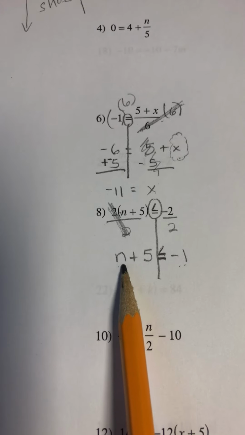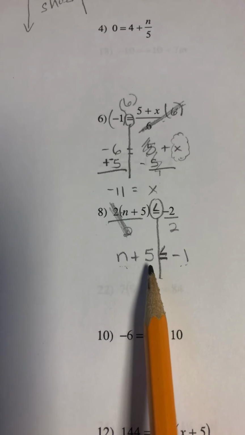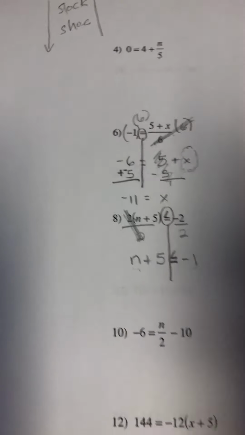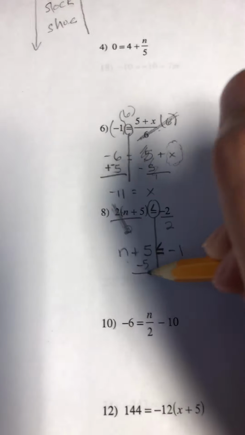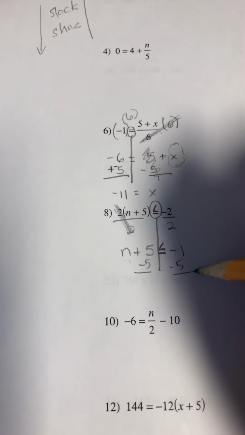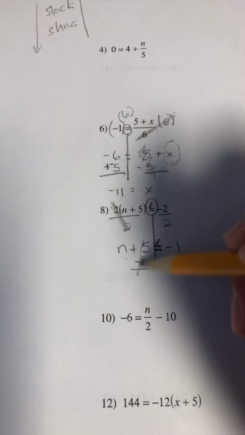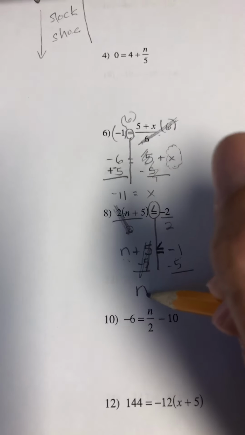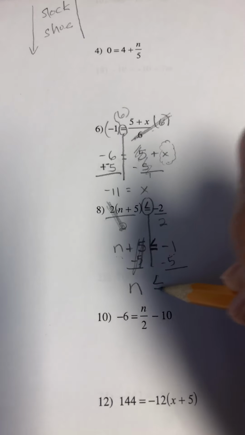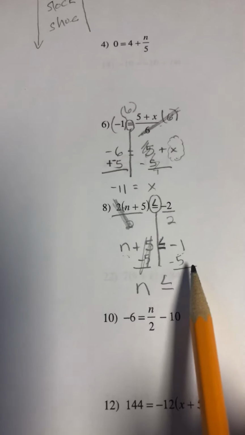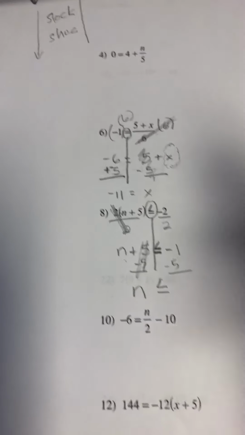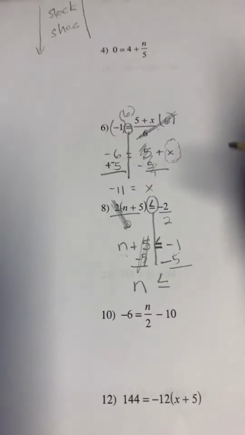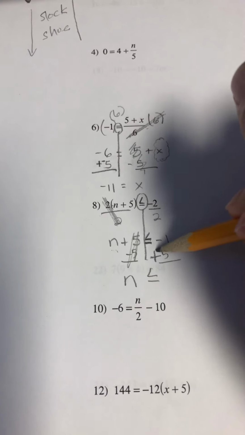Now, to get this n all by itself, the last thing I've got to do is get rid of adding this 5. So I'm just going to subtract 5 from both sides. So the +5 and the -5 cancel. So I've got n is less than or equal to the -1 minus the 5. Remember, subtraction is the same thing as adding the opposite.